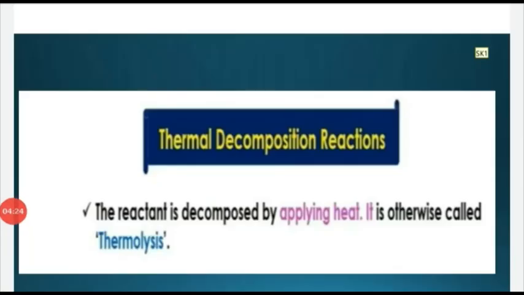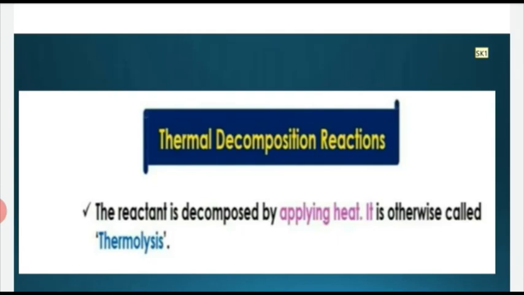In thermal decomposition reactions, the reactant is decomposed by applying heat. It is otherwise called thermolysis.